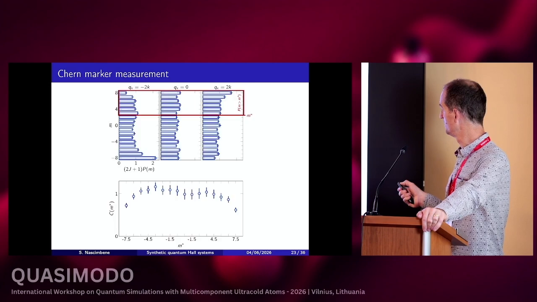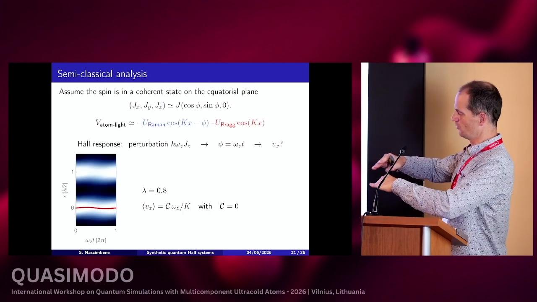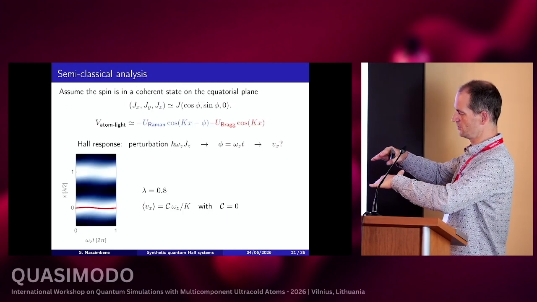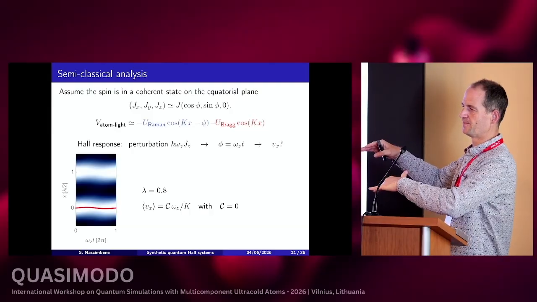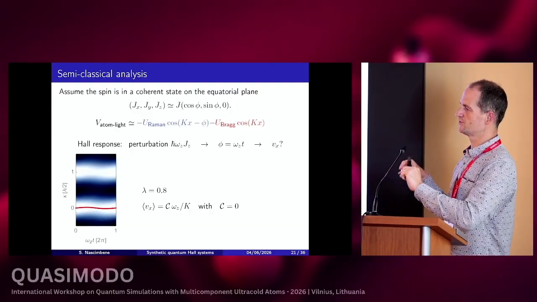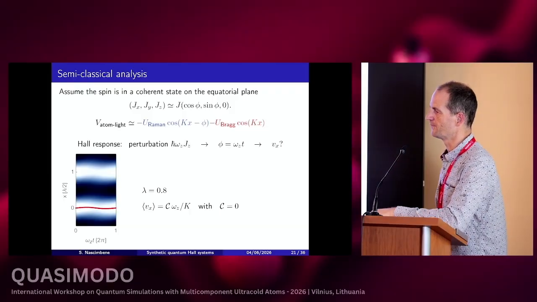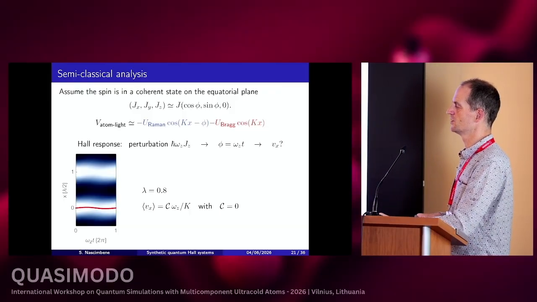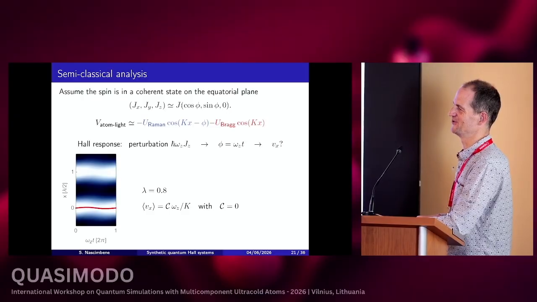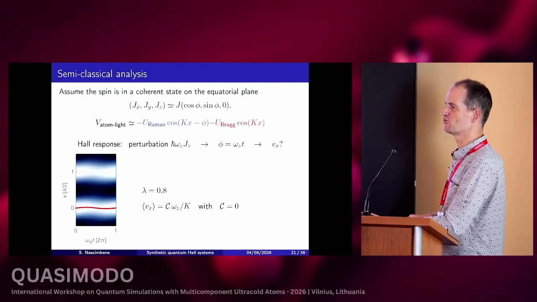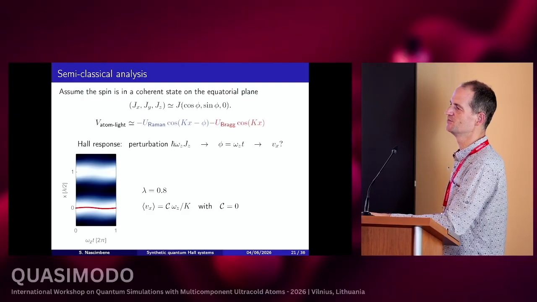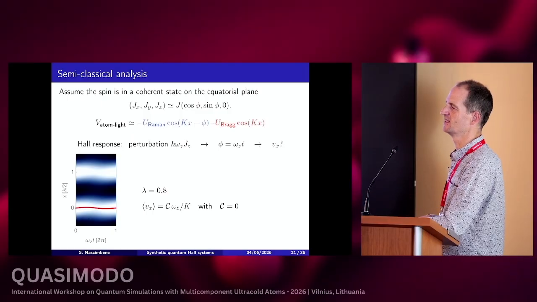The reason is that we have a huge Zeeman splitting between different magnetic states, so as soon as your system is not in the lowest state, it decays. The lifetime of a BEC is about 1 millisecond. So that's why we don't have a BEC, but we use a dilute thermal gas.